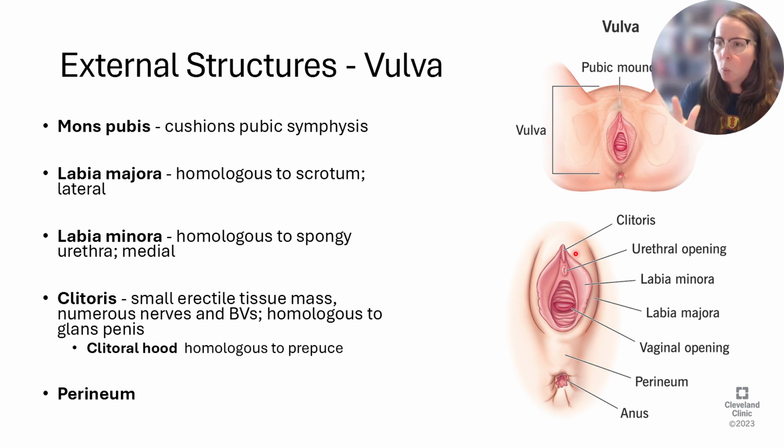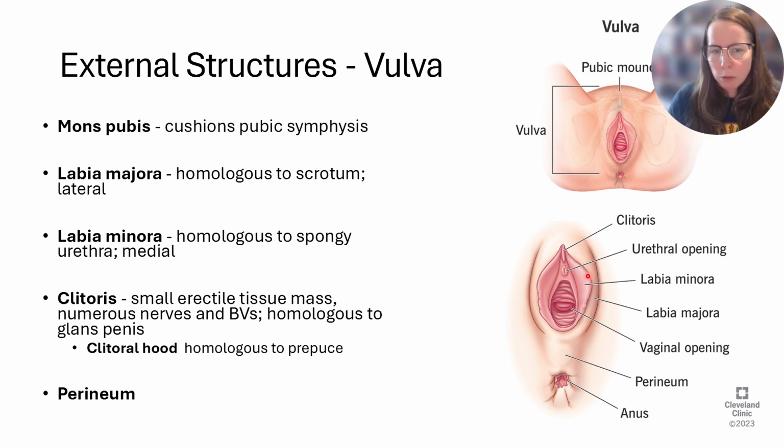There's actually a wonderful project that was done, I believe, in the UK that actually categorized all the different types of vulva that women have, because this is often an area of stigma for a lot of women, and it was just very empowering to see that there are different things that are considered normal. So if you're interested, I think it's called the Vulva Project. I can't remember. Ask me in class.